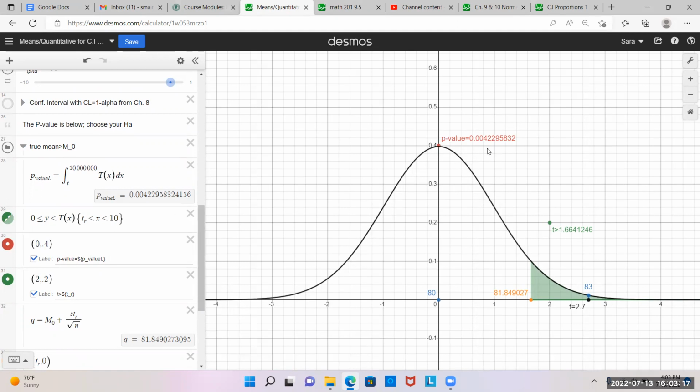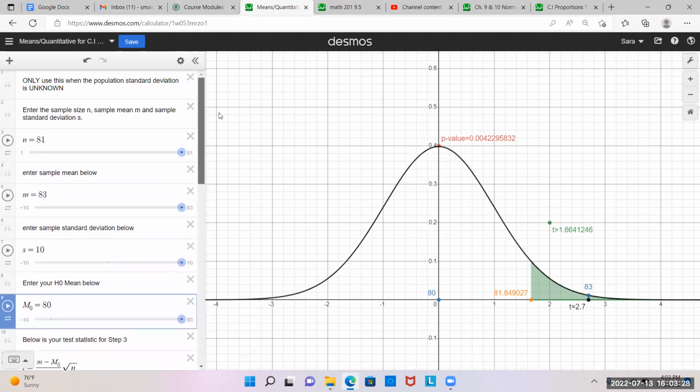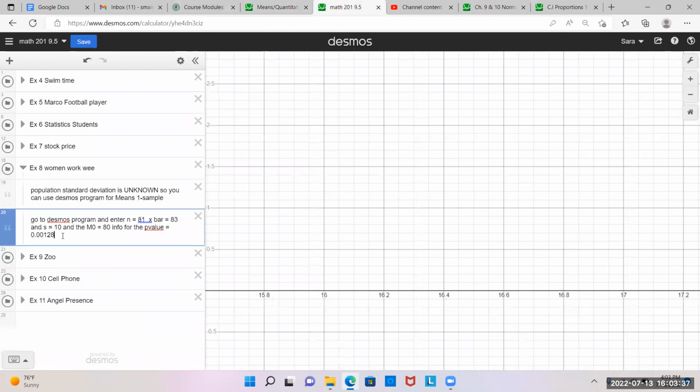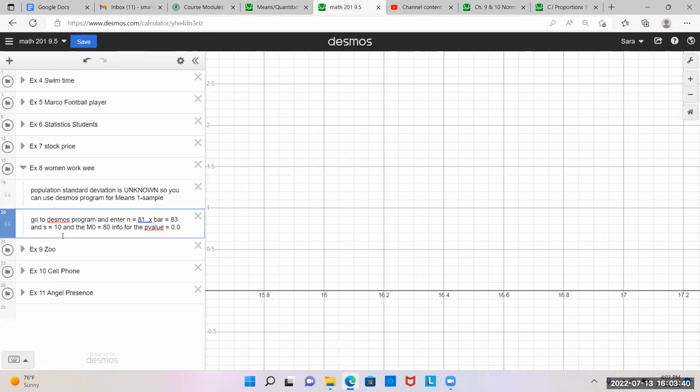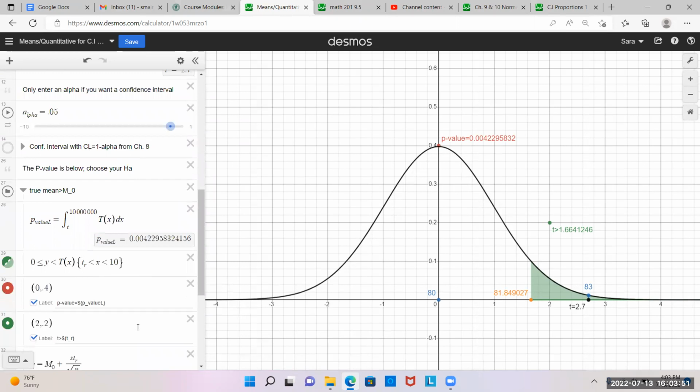You can see it right here in the graph as well where my mouse is. Let's see, I think I just typed the wrong thing. And it's a greater than, 0.00423.